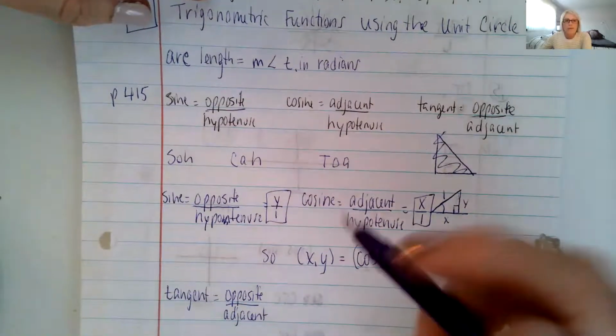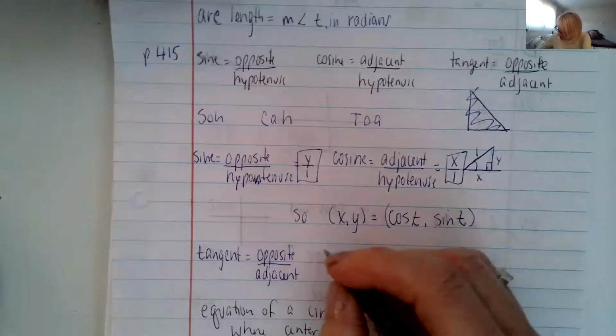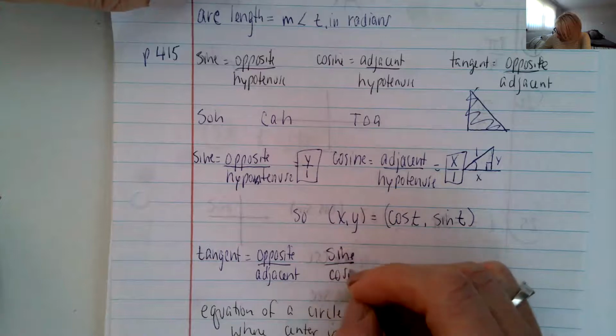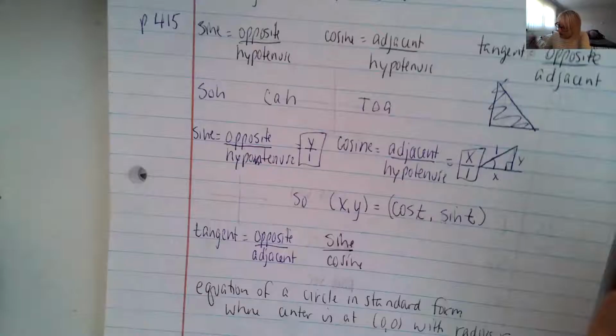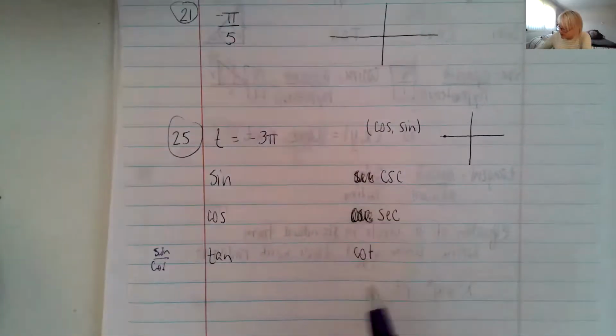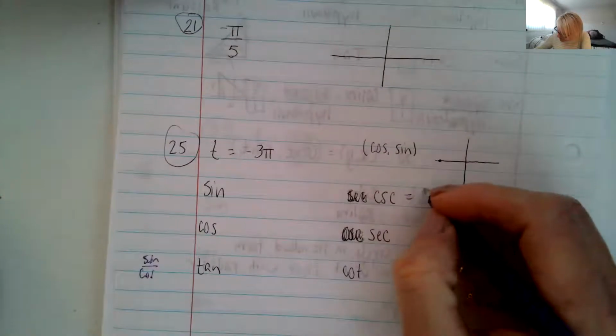Okay. Tangent is also sine over cosine. And then there are the other 3 trig functions: 1 over sine is equal to cosecant.